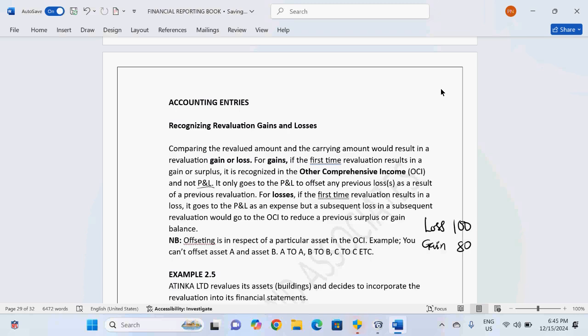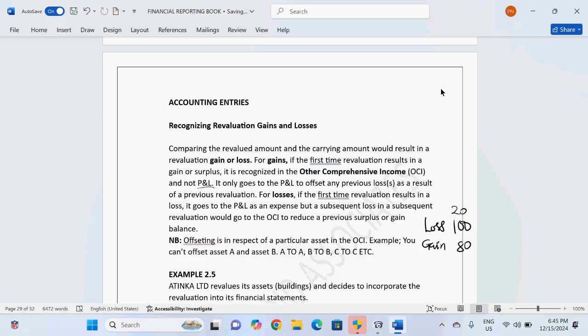So that surplus would go and offset the P&L loss, and then the loss remaining in the books will be 20. So 80 will go and cancel the loss in the P&L, and nothing will go to the OCI, because the entire 80 would go and reduce the 100 cedis in the P&L. That is how it is.